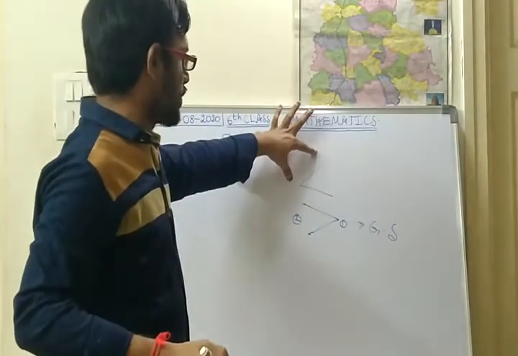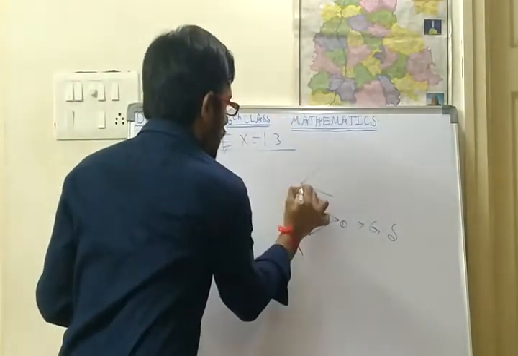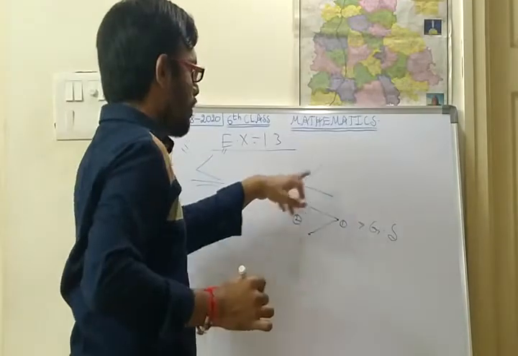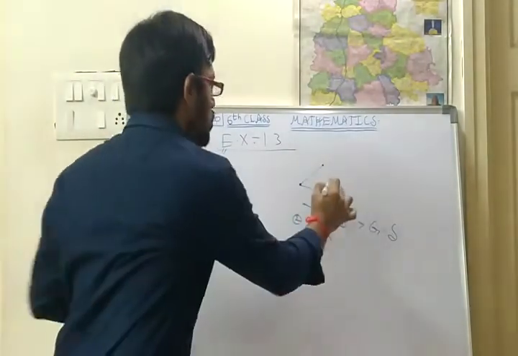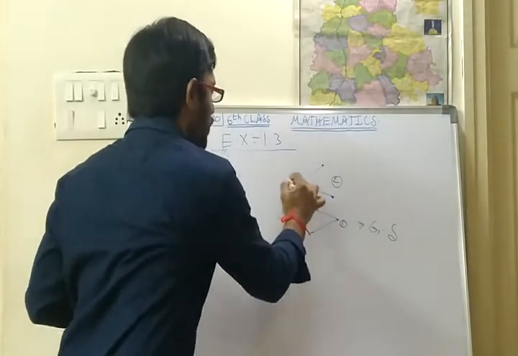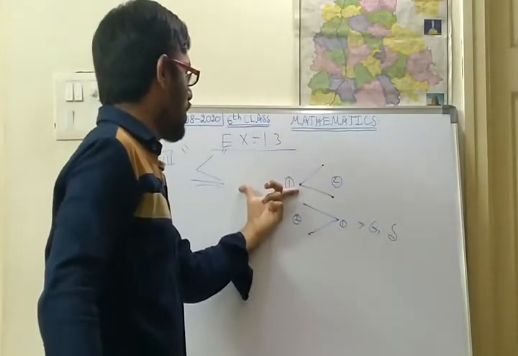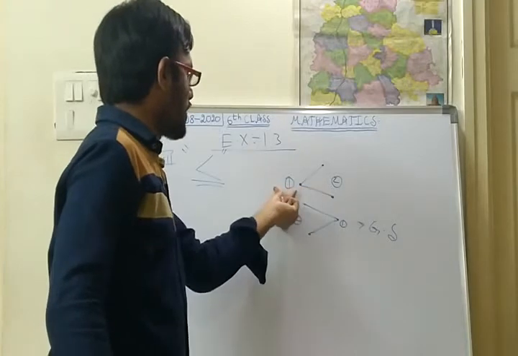Coming to this symbol, what is it? At the left side only one dot is there, and on the right side two dots are there. Left side has one dot, and 1 is the smaller number.